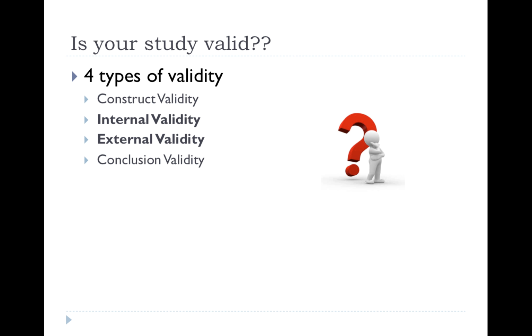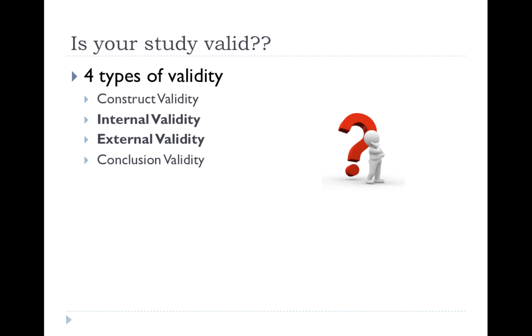So you want to make sure that what you're doing would actually hold up in the real world. Also, can this study be replicated with different operational definitions or maybe different participants? So if you're using a college population, would your result hold true with an older population or with children or people just in other settings?